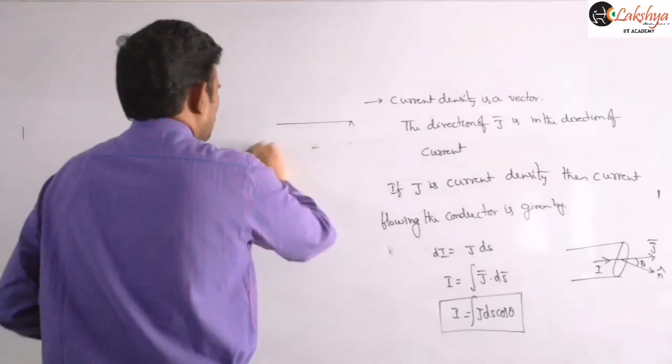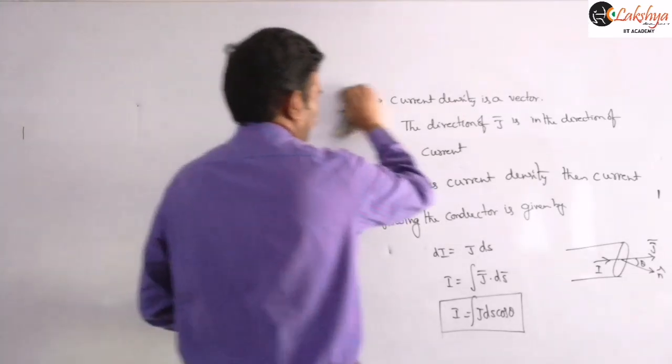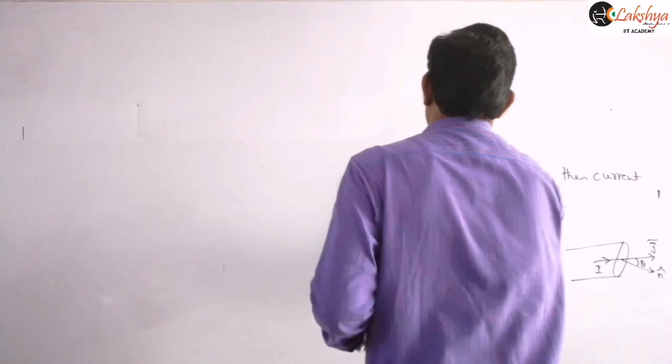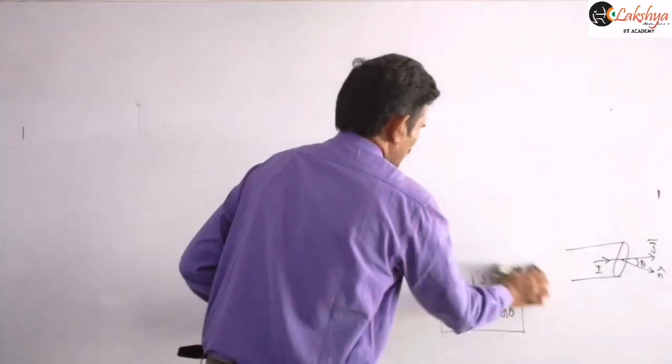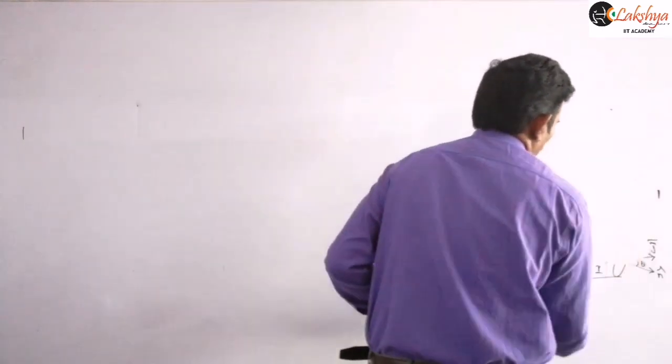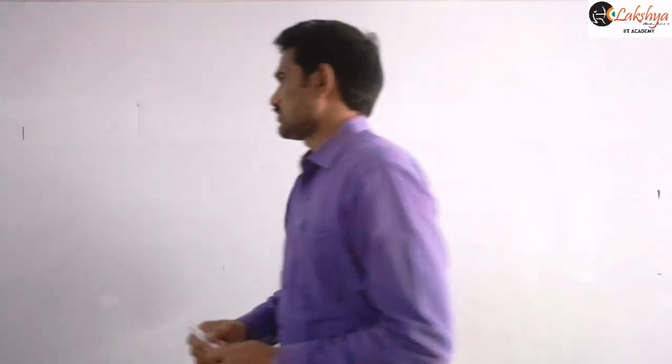And next I am going to define the drift velocity. In the beginning of this topic I explained how the electrons are in a conducting material. So now let us consider this.